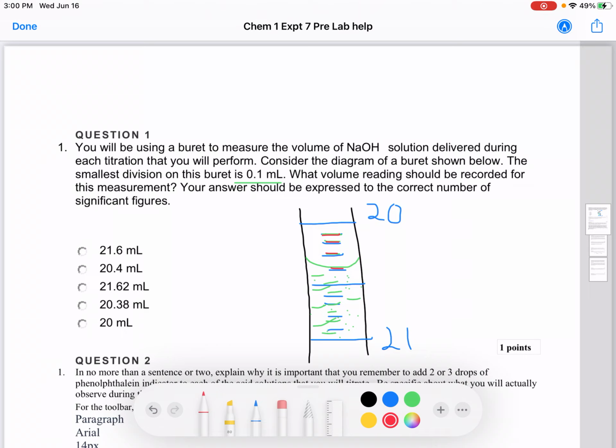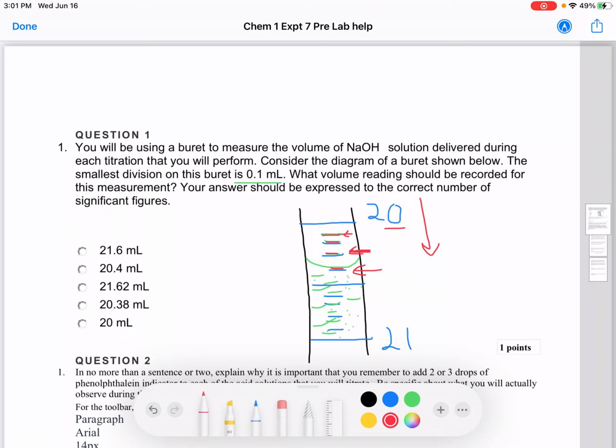You always read from top to bottom, not from bottom to top. You take the 20 and then you go by. The first one would be 20.1, 20.2, 20.3. 20.3 would be here that I'm showing you, and then 20.4 would be here. But the liquid level is a little bit above the 20.4.